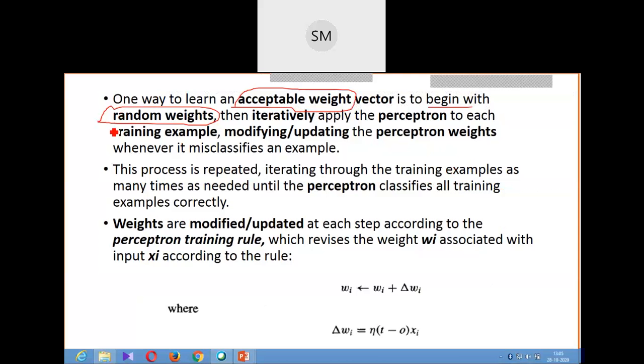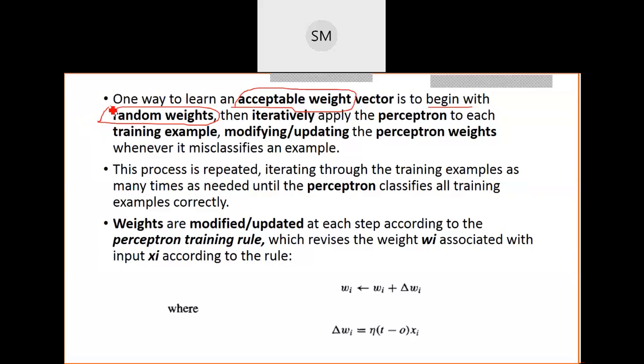We start our algorithm with a search process, which searches for some random weights. Randomly we choose some weights, and slowly, in every step and every iteration, we apply our perceptron, our neural network, to each and every training example.